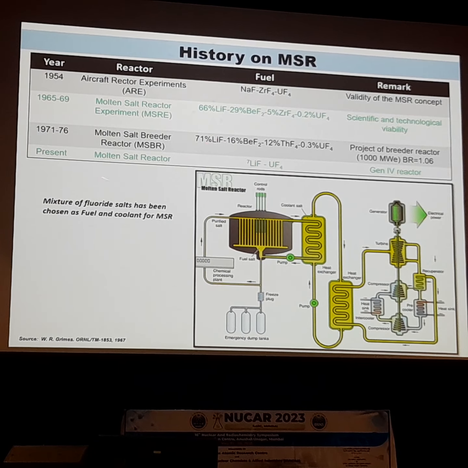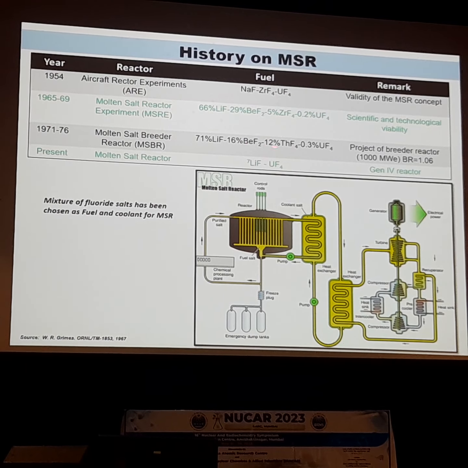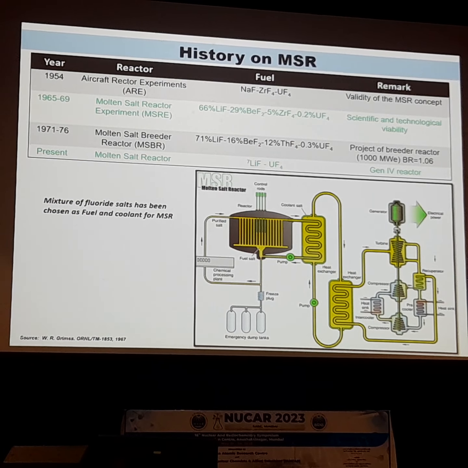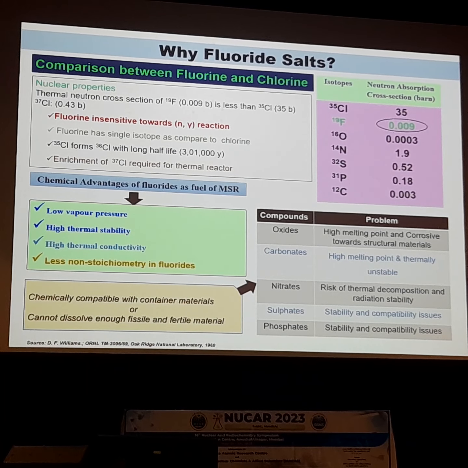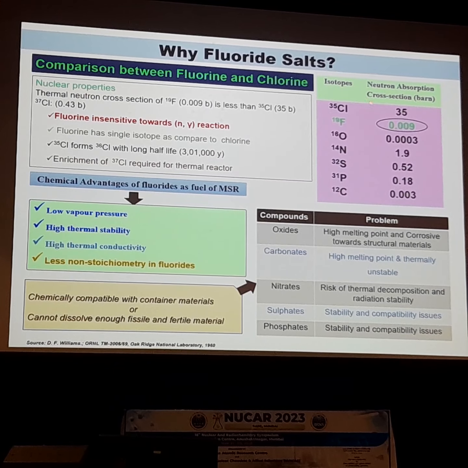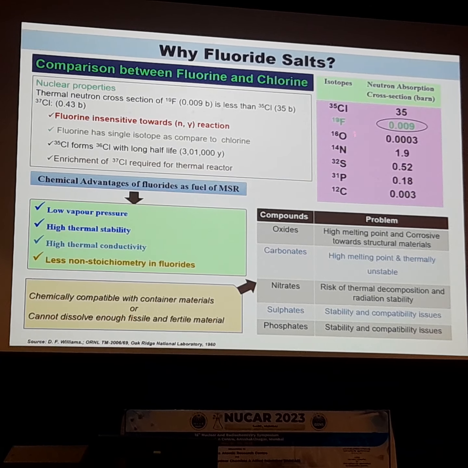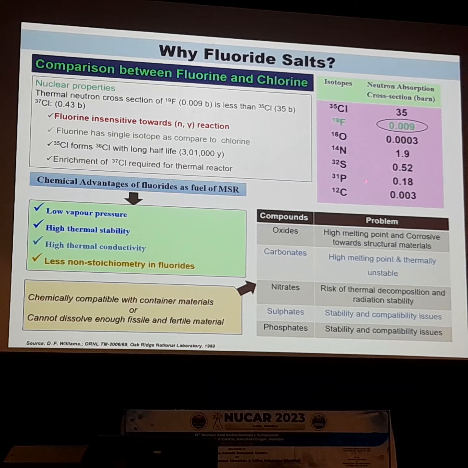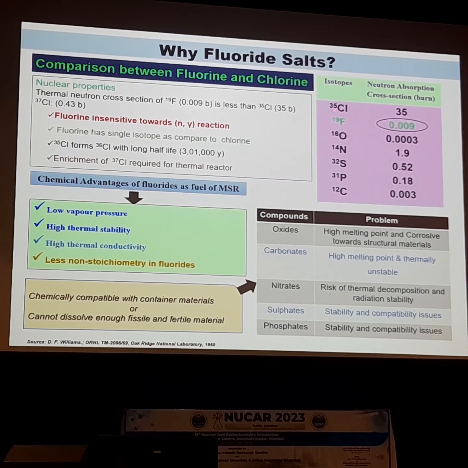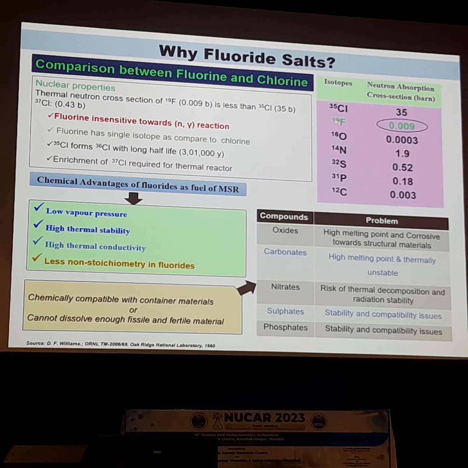You can see that mixtures of fluoride salts were chosen in most cases, almost all cases, by Oak Ridge National Laboratory for the molten salt reactor. So the question is, why are fluorides more important compared to others? If you look at the non-metallic isotopes and their thermal neutron absorption cross-sections, between fluorine and chlorine, chlorine has 2 isotopes, chlorine 35 and chlorine 37, but fluorine has only one naturally occurring isotope.